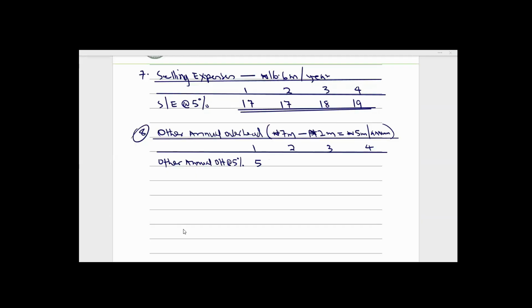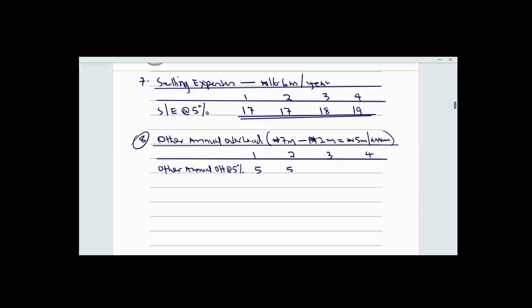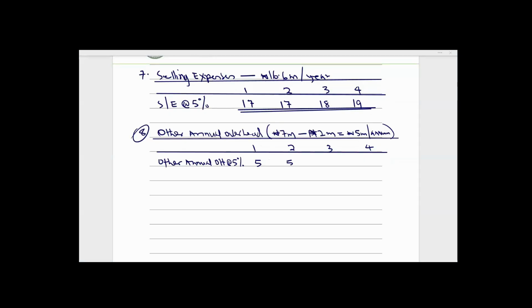That's 5.25. What you have in the calculator, 5.25 multiplied by 1.05 is 5.5125, that is 5.51, and then 5.79, right? Yes, sir. Okay, so that's what we are going to post.